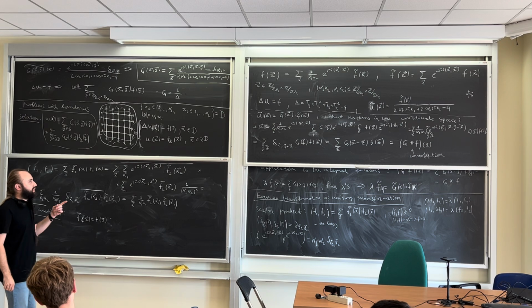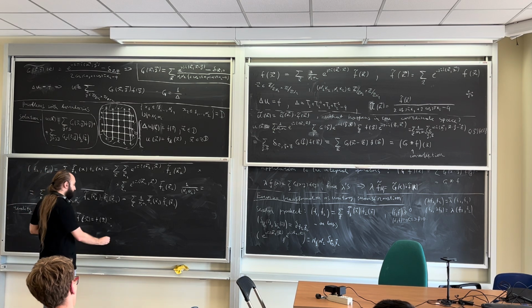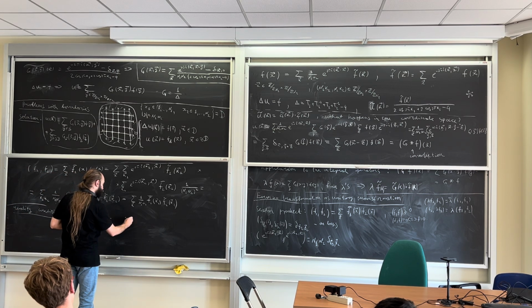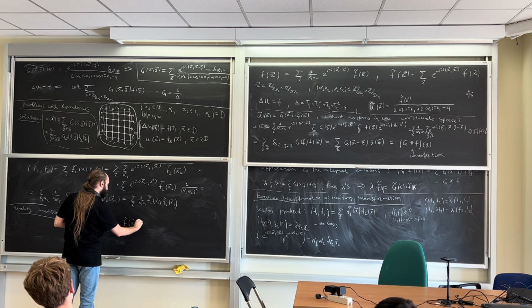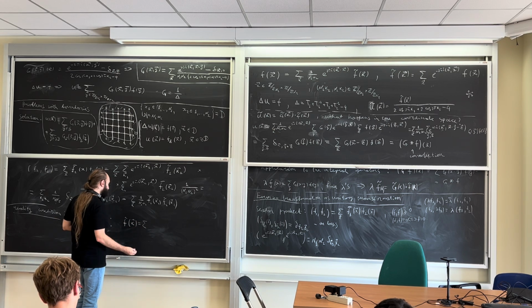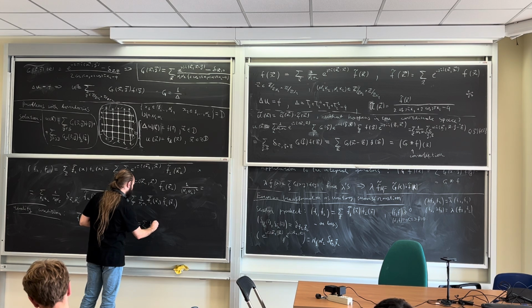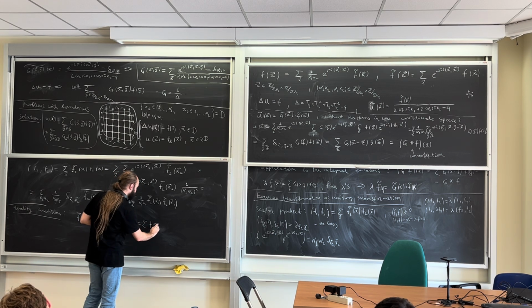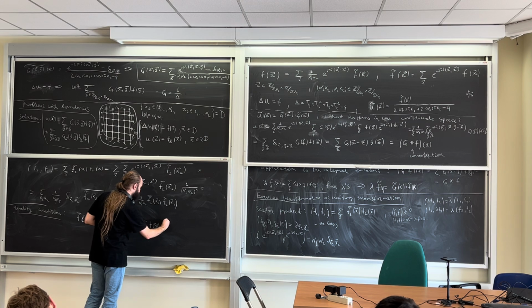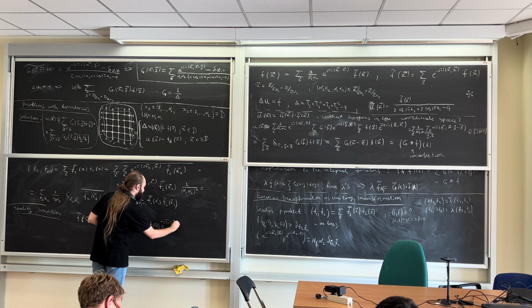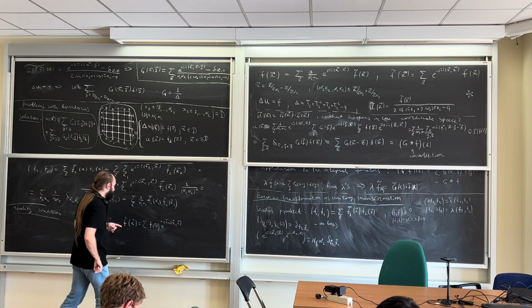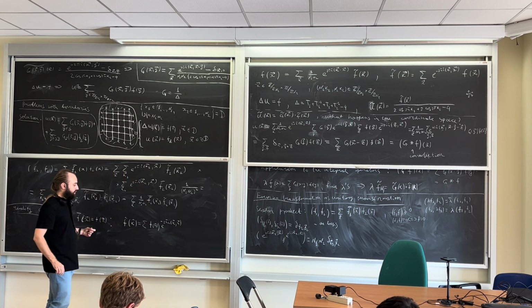Let us take the formula for the Fourier transform: f tilde of k is a sum of f of x e to the 2 pi I kx. And now take conjugation of it.